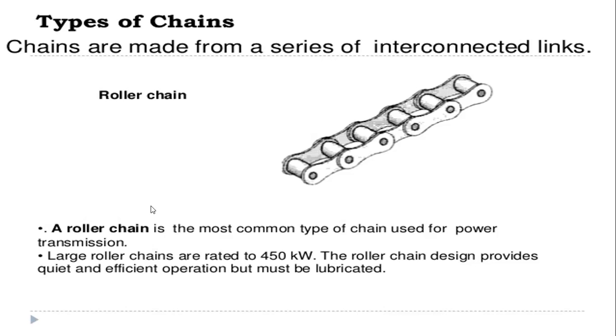Large roller chains are rated to 450 kilowatts, so for high power transmission large roller chains are used. The roller chain design provides quiet and efficient operation, but it must be lubricated.